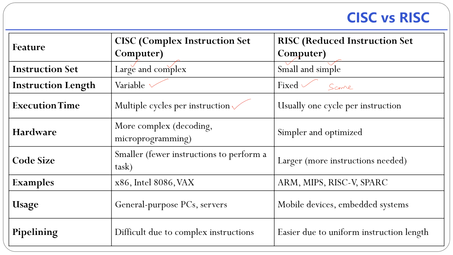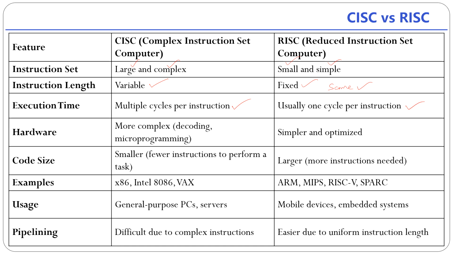This is based on the instruction. They may have different cycles for completion of one instruction. But in case of RISC architectures, usually only one cycle per instruction. Why? Because most of the instructions are of the same size and all are executed in a single cycle.